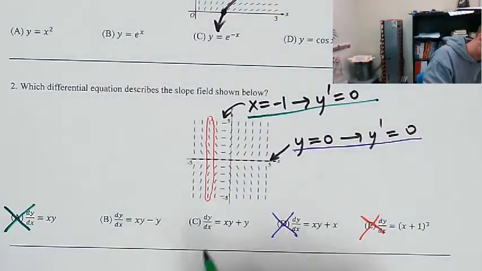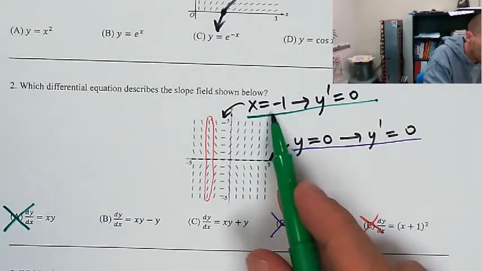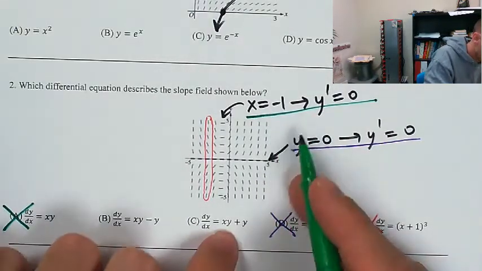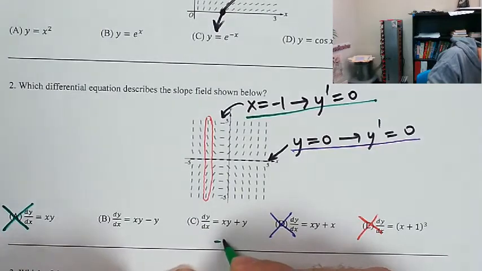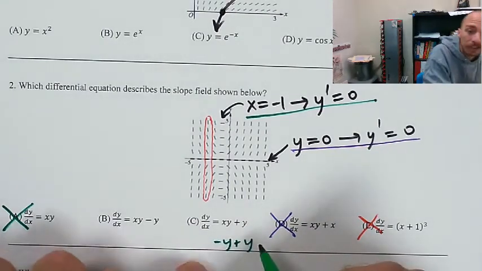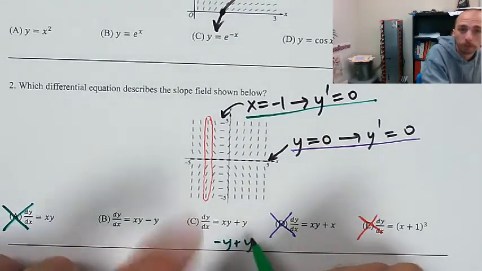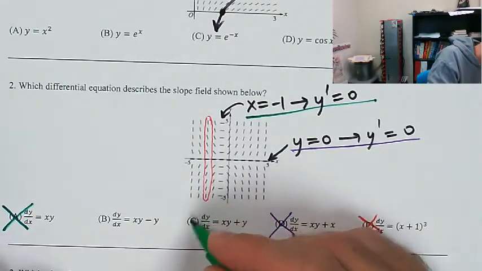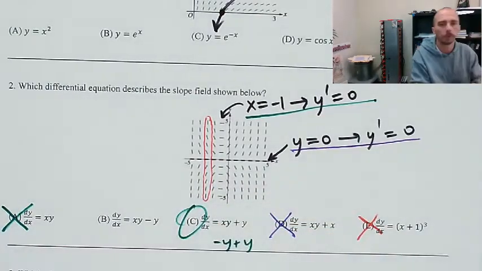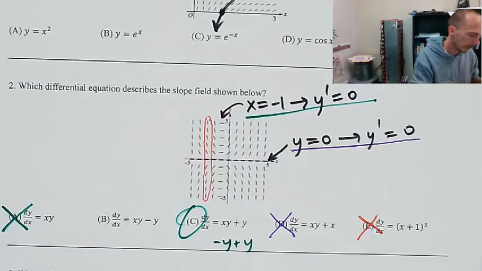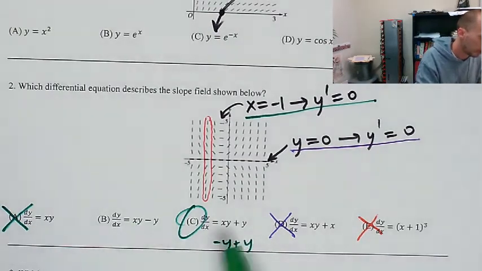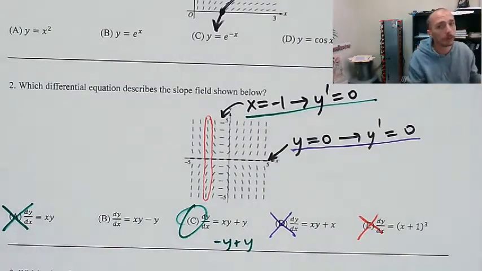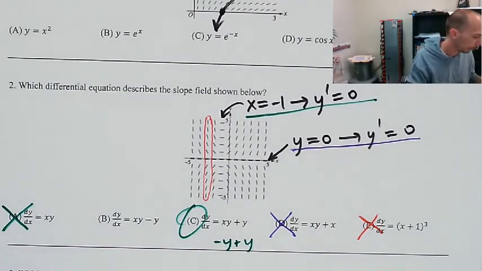And if you plug in x equals -1 here, you're going to get -y plus y, which is guaranteed to be 0, regardless of what y is. So I'm going to say that answer choice C is the winner. The reason this one wouldn't work is that if you plugged in -1 for x, you'd get -2y, which is not always 0. You need y equals 0 for that to be true.